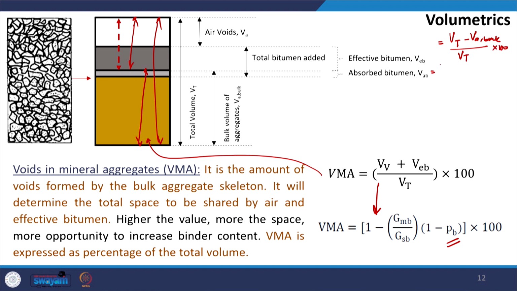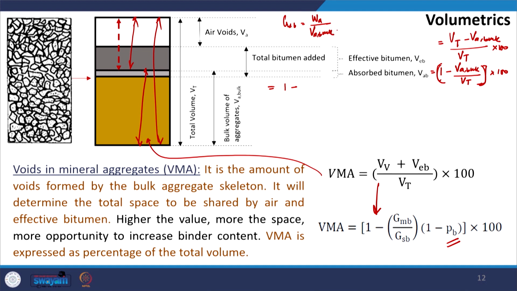So, this I can separate as 1 minus V aggregate bulk divided by VT into 100. So, here I am starting my calculation. Now, bulk specific gravity of aggregate is equal to weight of aggregate by volume of aggregate bulk.